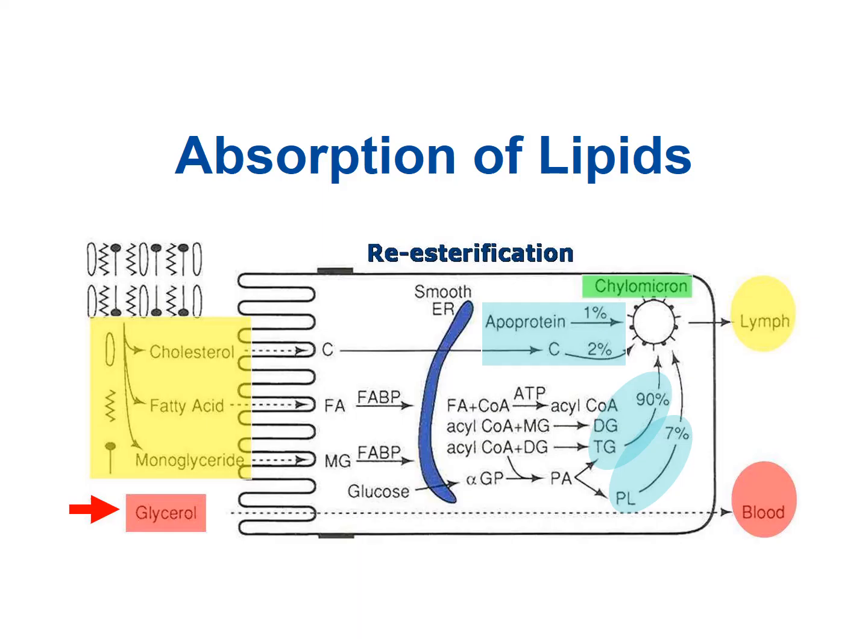These are the end products of fat digestion: cholesterol, fatty acids, and monoglyceride, then glycerol. Glycerol goes into the bloodstream immediately, straight to the bloodstream. No carriers, no special transport, binding proteins, no nothing. Goes by simple diffusion to the bloodstream.